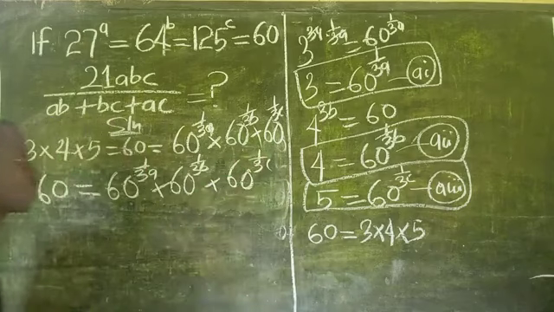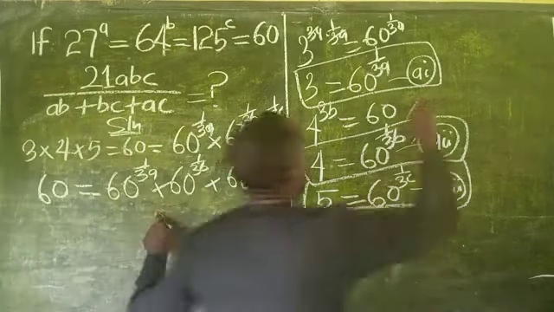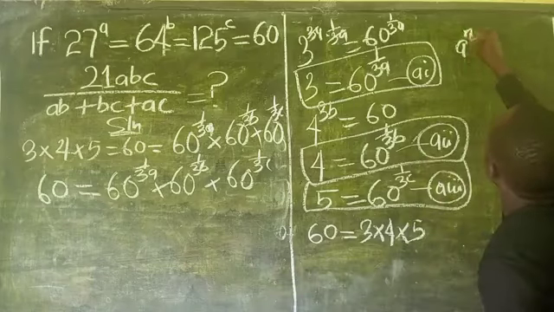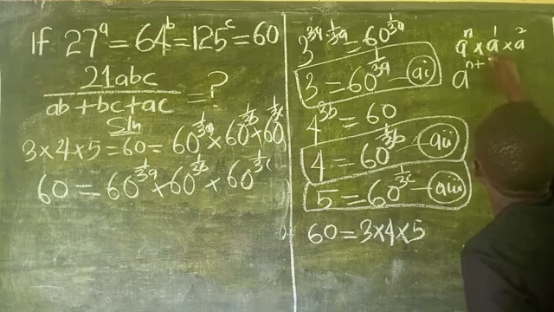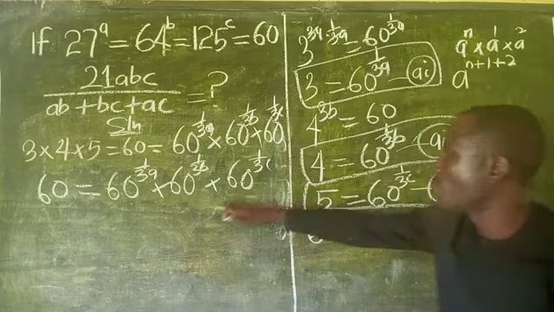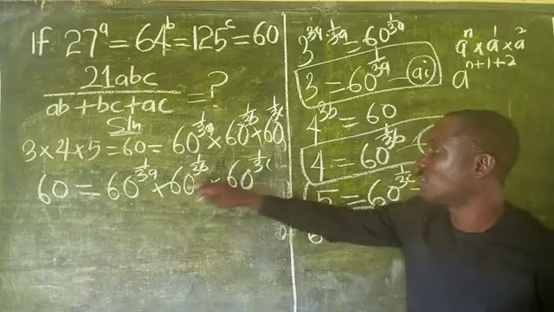And from our laws of indices, if we have a raised to power n times a raised to power 1 times a raised to power 2, it is equal to a raised to power n plus 1 plus 2. So since we have the same base, 60, we are confident to add the powers.